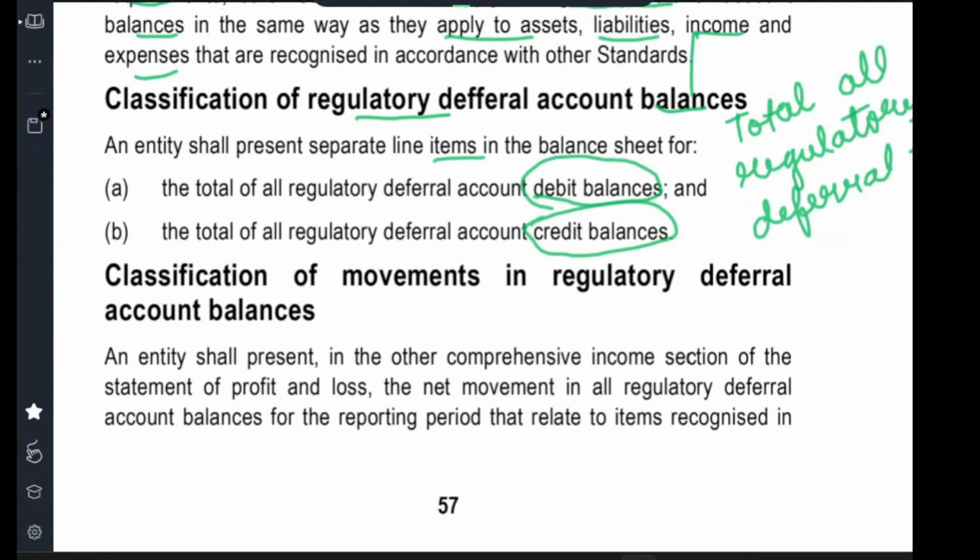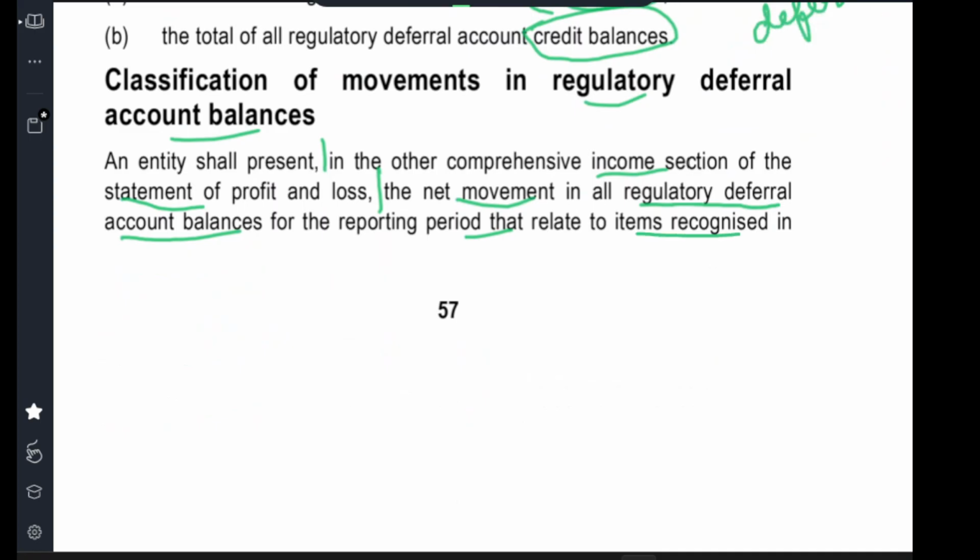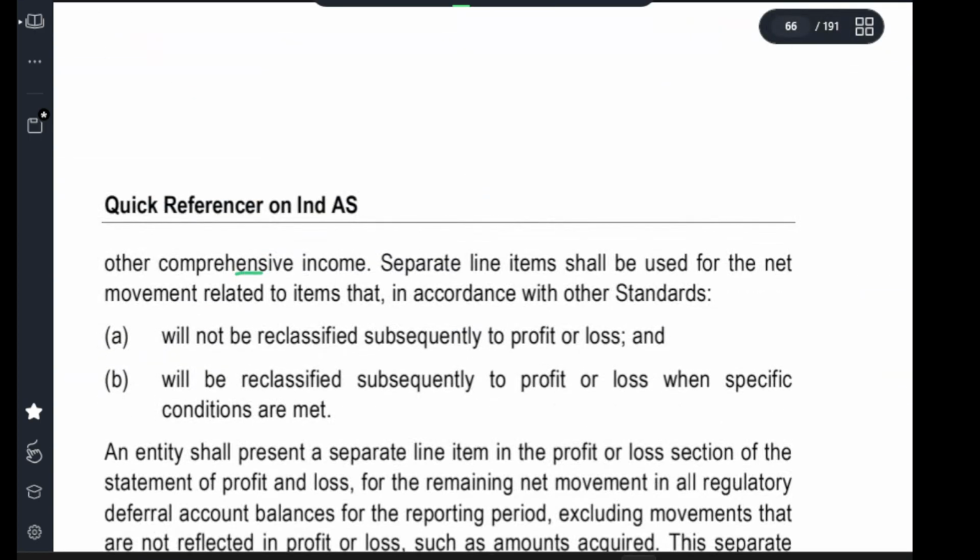The classification of movement of regulatory deferral account balances. An entity shall present, in the other comprehensive income section of the statement of profit and loss, a net movement of all regulatory deferral account balances for the corresponding period that relate to items recognized in other comprehensive income.